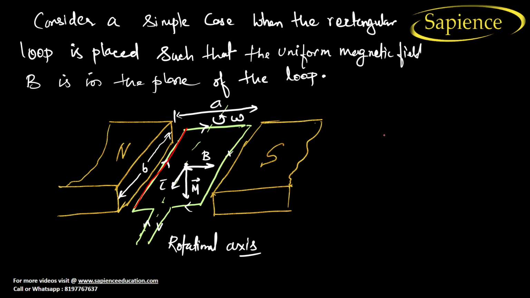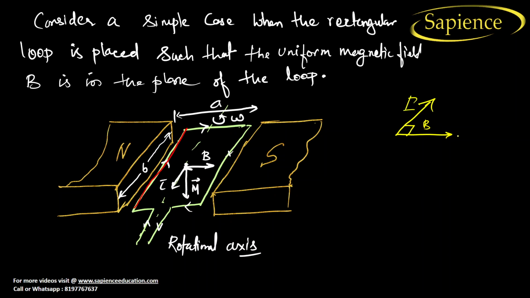Try to understand. If you have already done these things in previous classes, in Fleming's left hand rule the magnetic field is in this direction, right? So this is the magnetic field. The current is in this direction, so this is the current direction. So what will be the direction of the force?